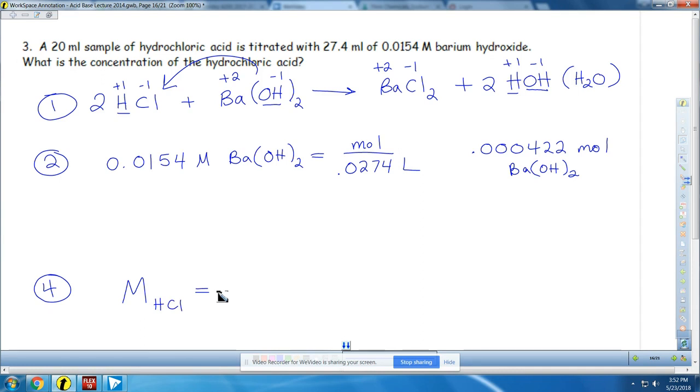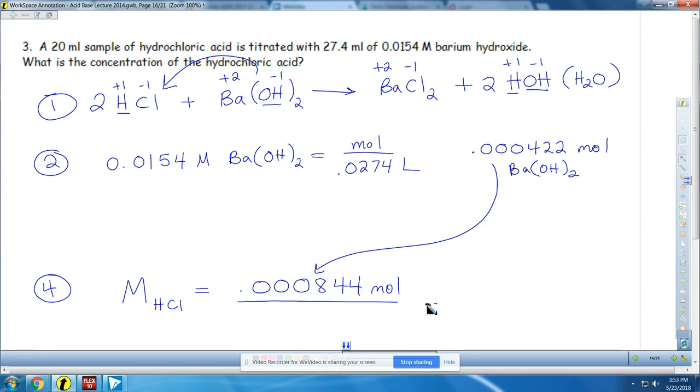So if this is moles of my base, my barium hydroxide, I'm just going to double that to get moles of acid, which would then be 0.000844. And I could live with that.